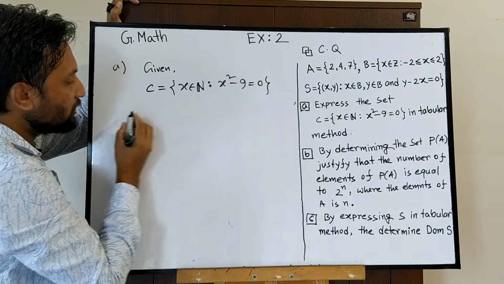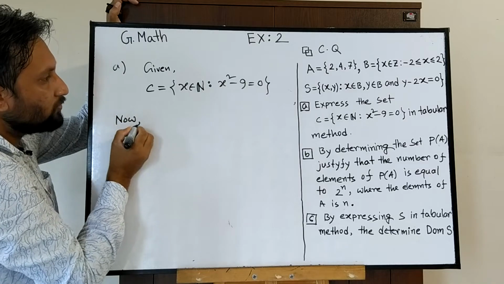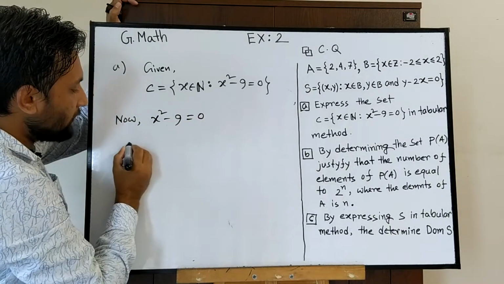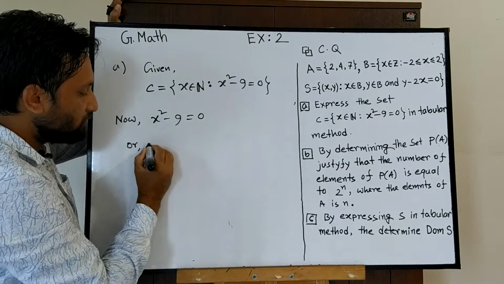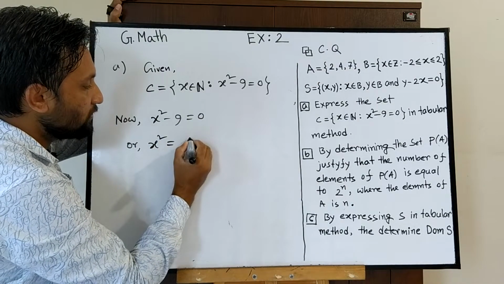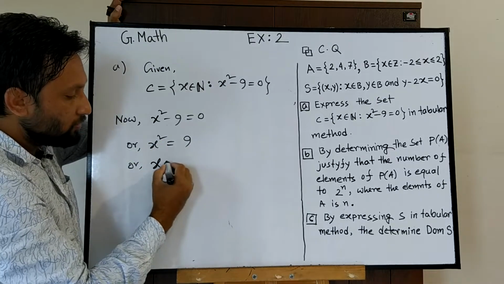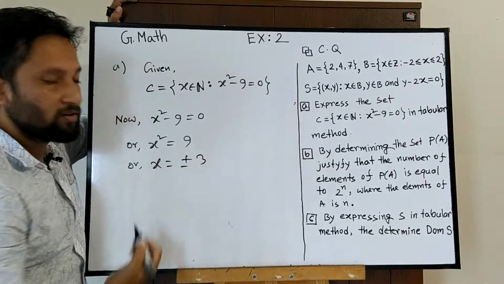Now by the following equation, x square minus 9 equals 0, and by simple calculation we can find x square equals 9. Then we can write x equals plus or minus 3.